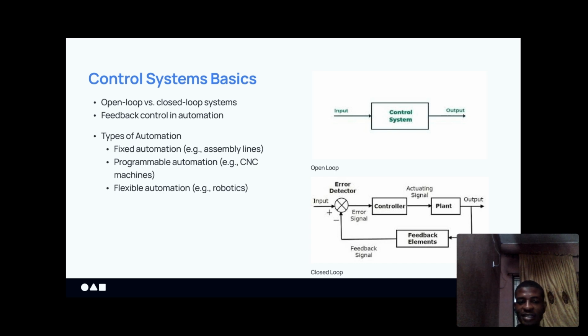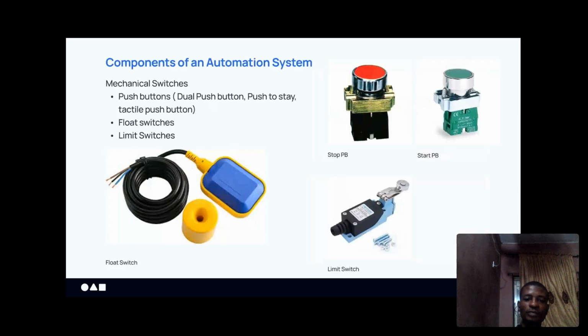Those are like CNC machines, computer numeric control, that they use for precision cutting, maybe cutting of some gear shaft that needs precise movement. So you have to program the CNC machine to give those precise movements. Then there's the flexible automation. This one deals with robots. Those robots have flexible hands, they can move, they can do a lot of things.